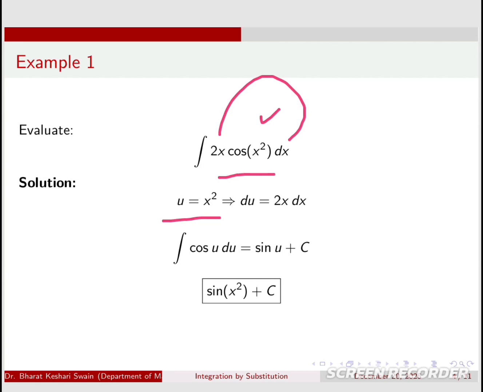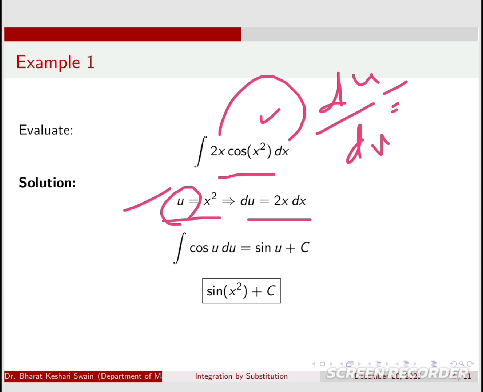put u equal to g(x). So here cos x square is there. If I put x square equal to u, then what will we get? du equal to 2x dx, because if you differentiate on both sides, the differentiation of u will be du by dx, and that is equal to the derivative of x square, which means 2x.